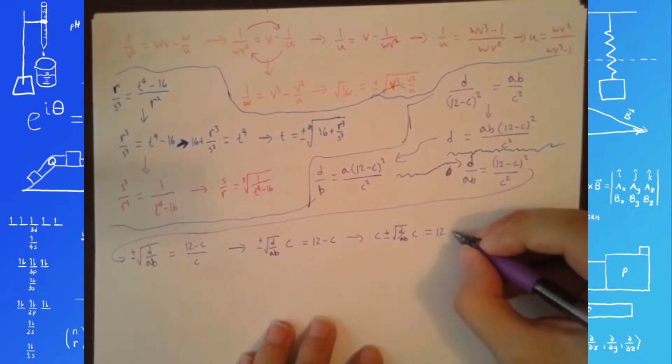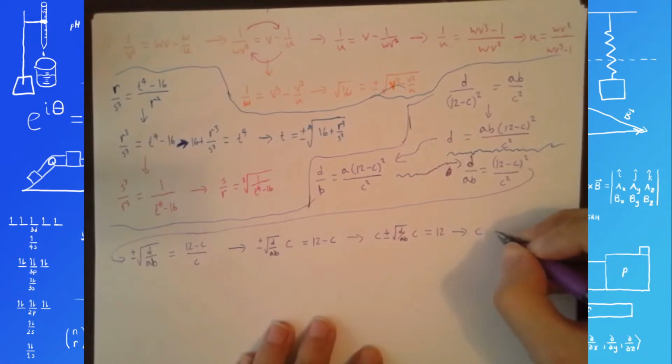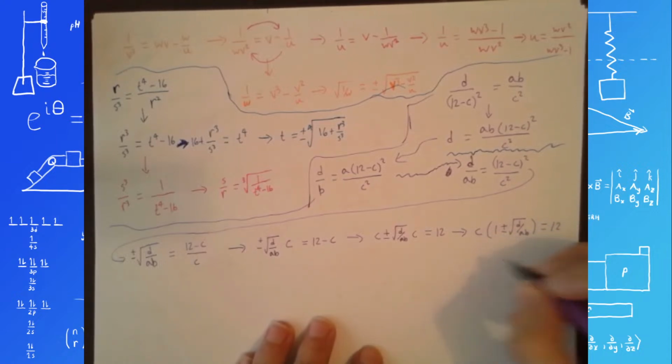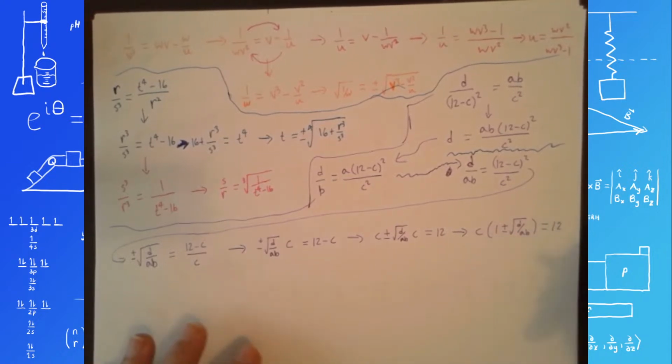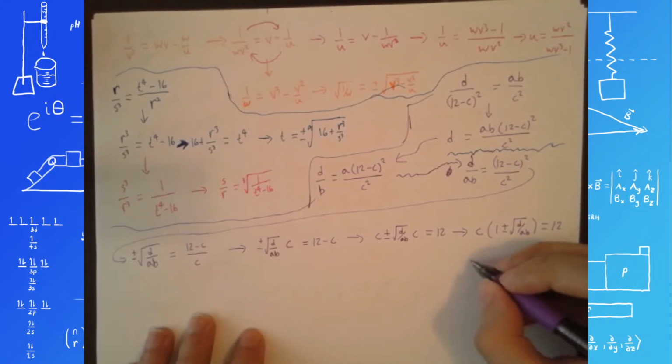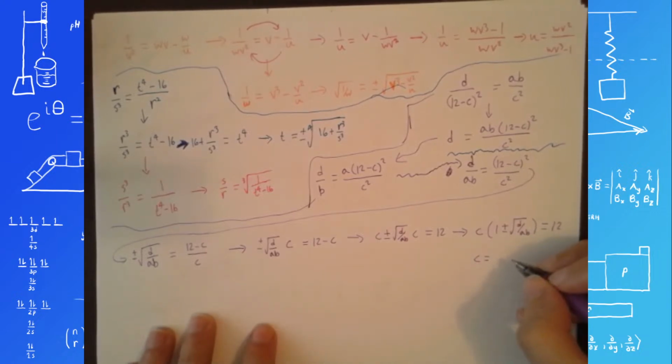Factor out a c. And we get c equals 12 over 1 plus or minus the square root of d over ab.